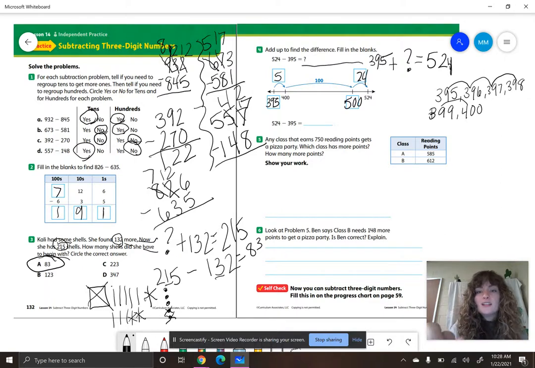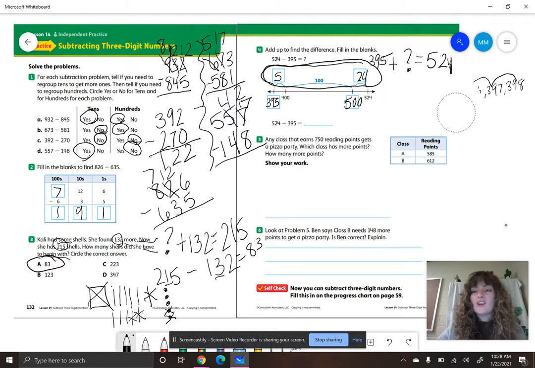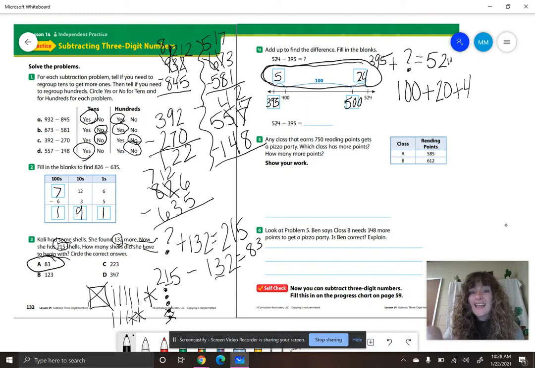When we put all of these jumps together, we will find our difference. So let's look. We had 100 plus 24. So I'm going to break that into tens and ones. So 24 is 20 plus 4. And I can't forget the 5 ones that I added at the beginning.